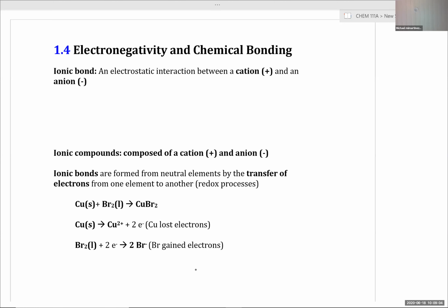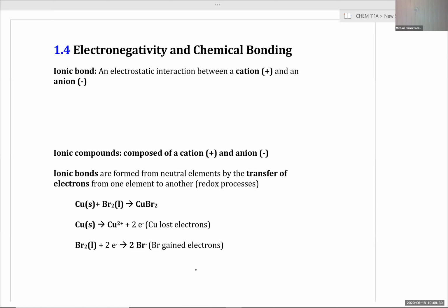Returning to this idea, a central feature that helps us predict whether a bond, and by extension whether a compound, is ionic or covalent, is looking at the sharing of electrons in chemical bonds. The electronegativity of atoms in our chemical bond directly influences the nature of our chemical bond.